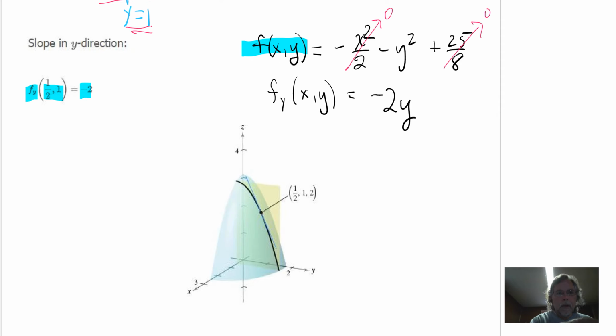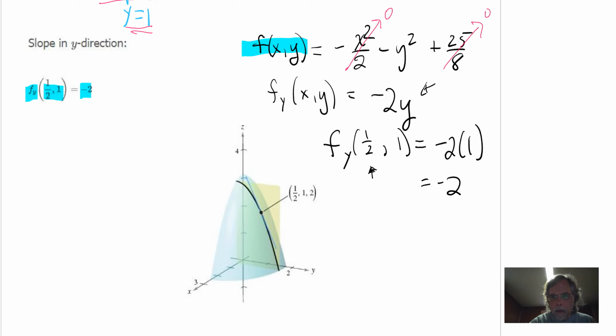So the partial derivative with respect to y of x comma y is negative 2y. Now I want to plug the point in, x comma y, which is 1/2 comma 1. So the partial derivative with respect to y at the point 1/2 comma 1 is equal to, plugging in numbers, there's no x in the formula, but that's okay. We plug in y, so negative 2 times 1, or negative 2. So that's where this comes from right here.